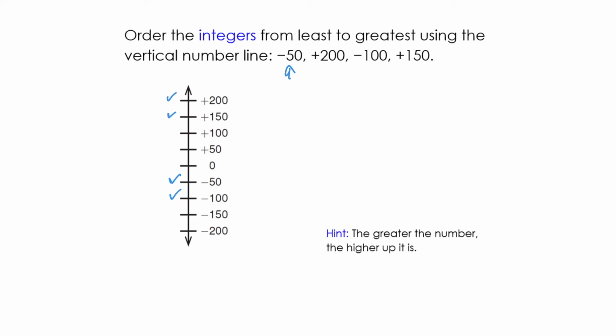So the lowest number here is negative 100. Then it goes negative 50. Then you have positive 150 and then positive 200.